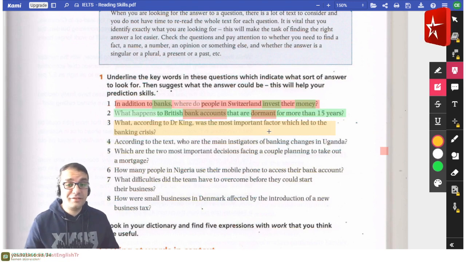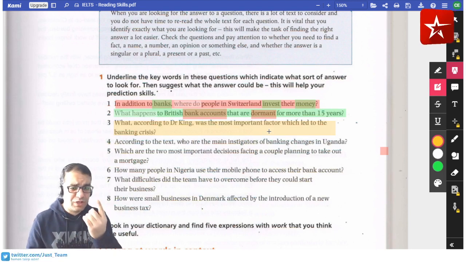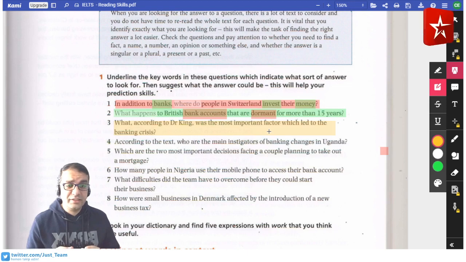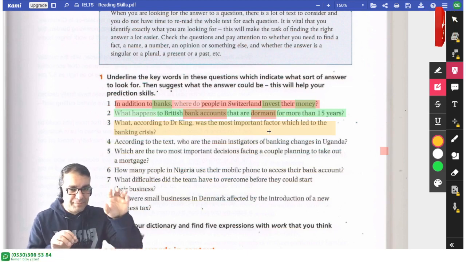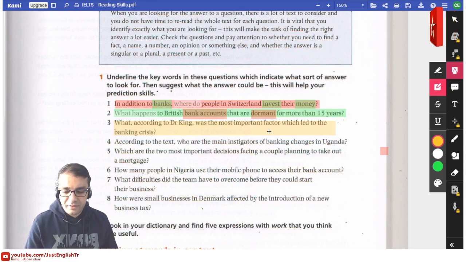Well, Dr. King is just a title. But I need to find the answer of the question, because you only have one chance to find an answer. So when you find the answer, you have to find it from the question. It's like a mapping technique. Enes said factor. Yes.